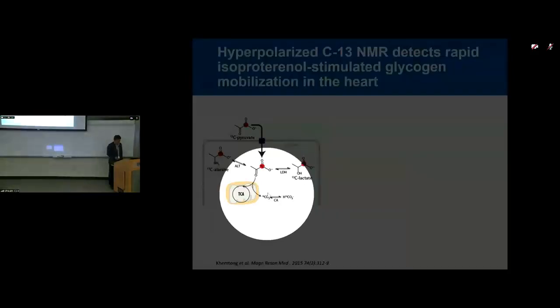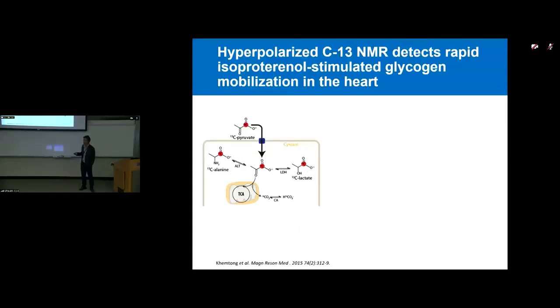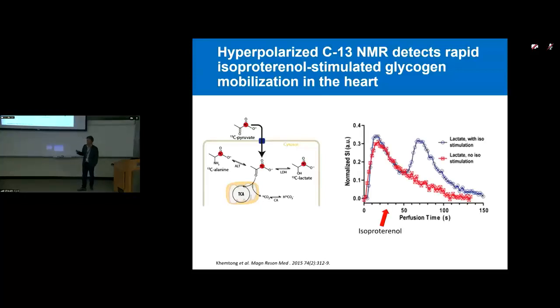What we saw was the opposite of what we wanted to see. The production of CO2 from the oxidation of pyruvate never increased, regardless of how many times we stimulated the heart with isoproterenol. But what we saw was the production of lactate.